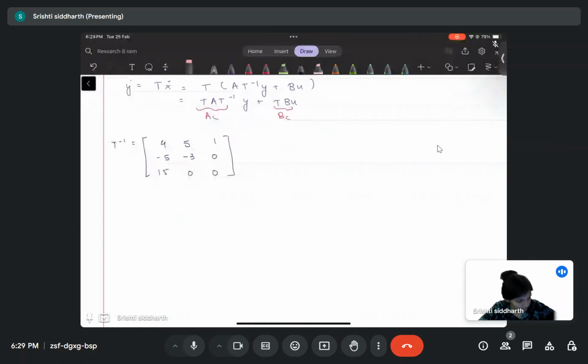Similarly, BC is transformed to 0, 0, 1. So you can see that exactly this is a chain of integrators, and some non-zero coefficients in the last row. We have the CCF form.